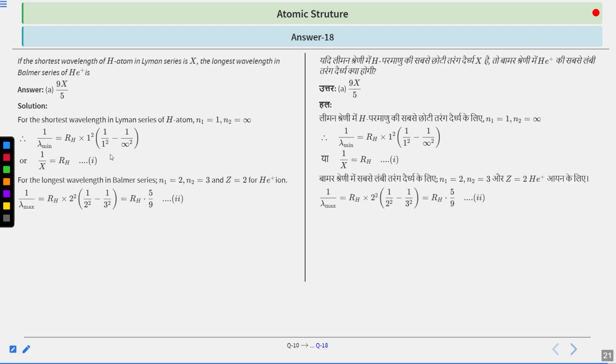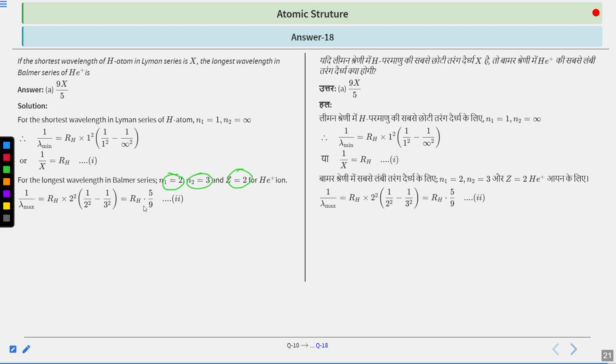Now for the longest wavelength, what we will do? That is also in the Balmer series, meaning the final state is 2. Longest wavelength means the shortest energy gap, and from 3 to 2 is the shortest energy gap. So n2 equals 3. Since we are taking the helium ion in the second case, Z equals 2. Putting in all these values, 1 by lambda equals R_H into 2 square, times (1 by 2 square minus 1 by 3 square).